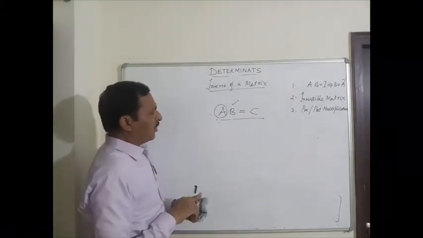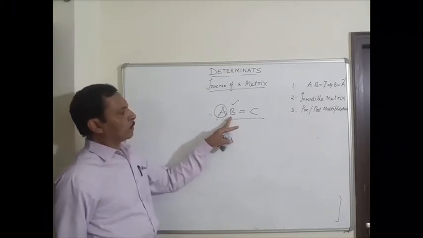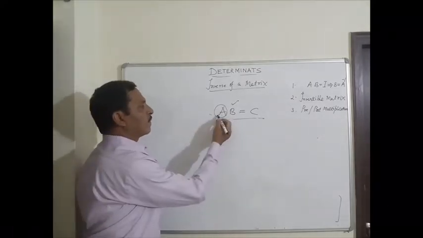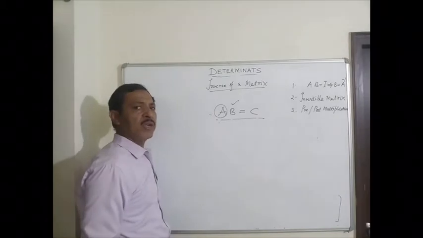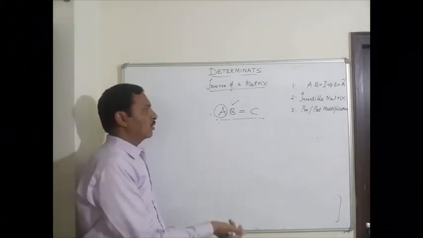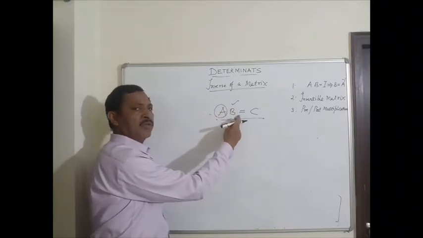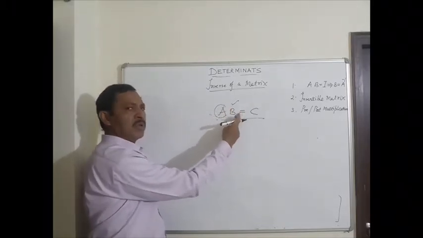Now, if someone asks you to find the value of A here, since I have to find A, I have to remove B here. So multiply by A inverse or B inverse? Obviously B inverse. Pre-multiplication or post-multiplication? In-between multiplication cannot be done, so I'll multiply by B inverse here.